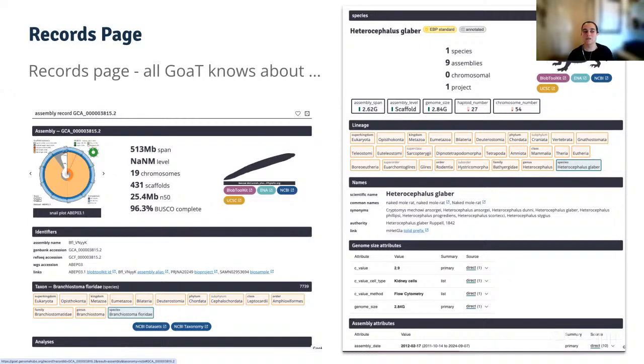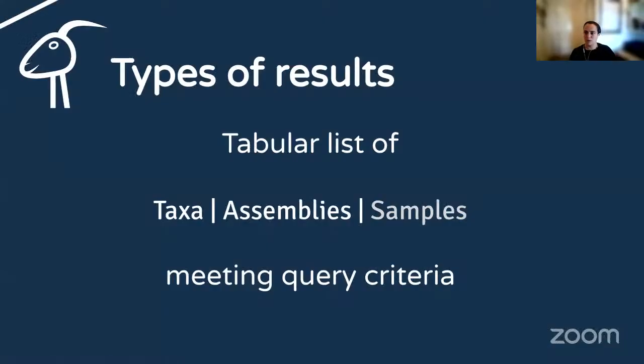And remember, these are all summary values, right? Or one picked as the primary one for display. If you want more data, you can always get the raw data and the tidy version that I'm going to explain a bit later. So yeah, records is one way to play with GoaT.